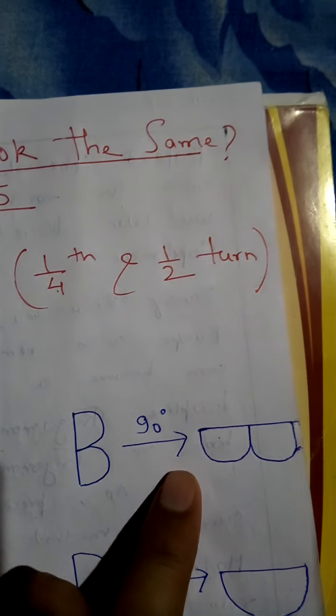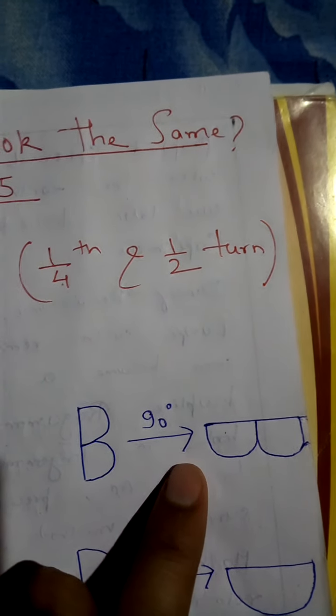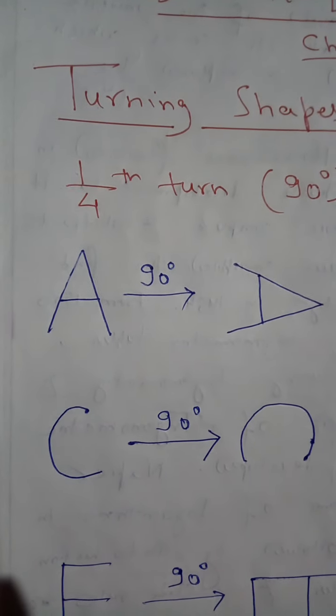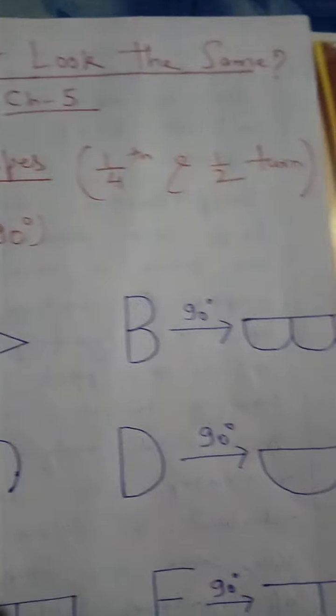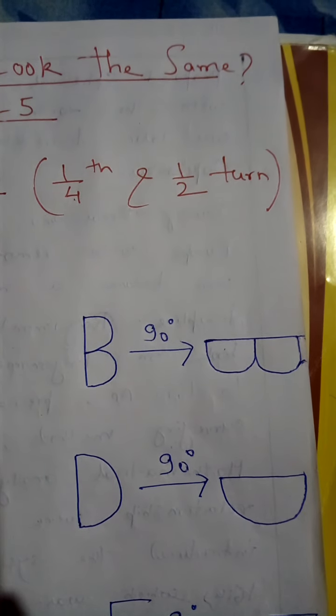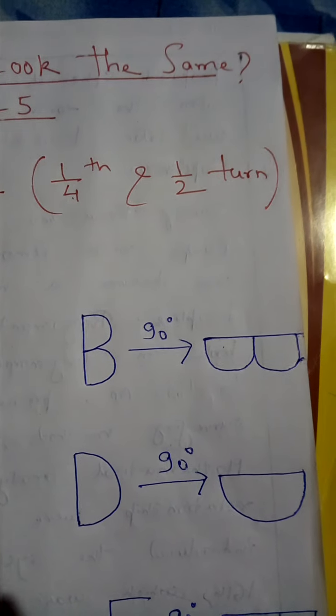B looks like this after 1/4 turn or 90-degree turn. C, like this. D, these all are 1/4 turn or 90-degree turn.